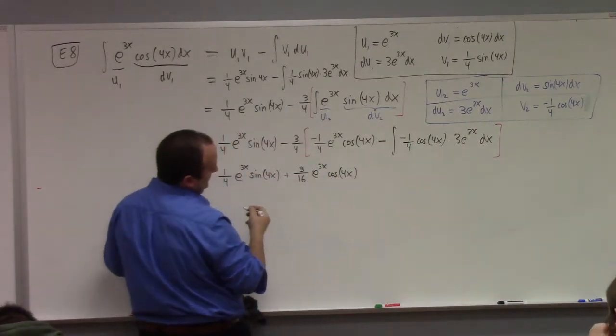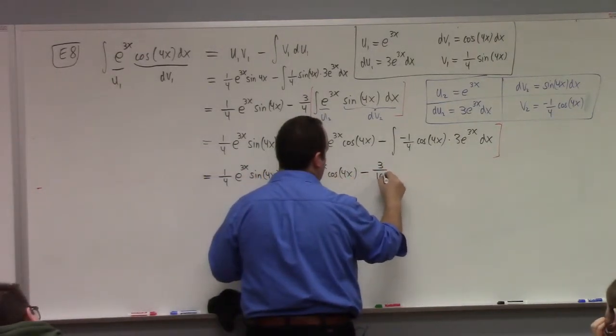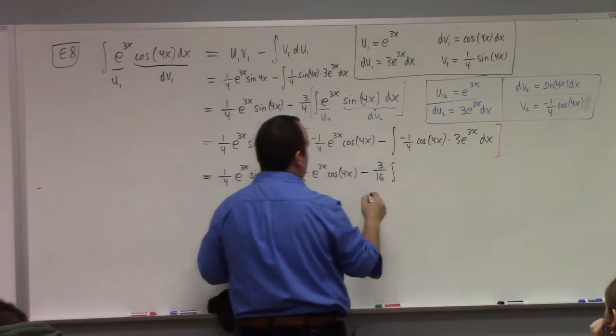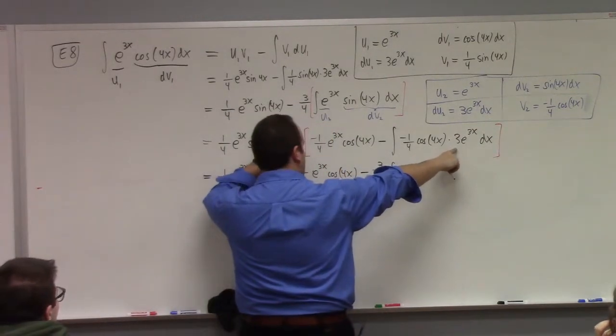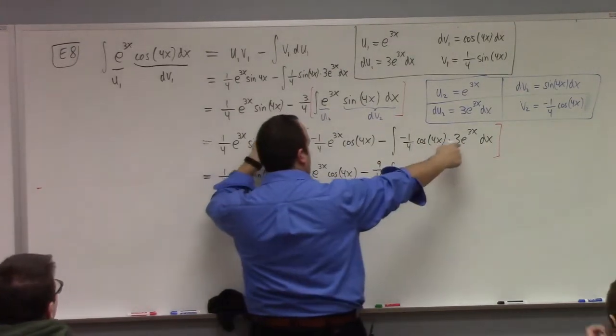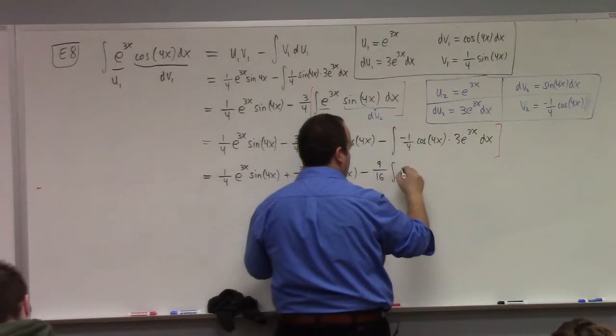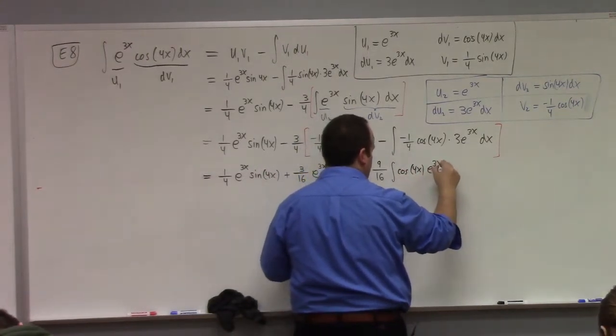And then it looks like a minus 3/16 integral. Oh, wait a minute, I got a 3 and a 3. See? Otherwise known as 9. So 9/16 integral of cosine of 4x times e to the 3x dx.